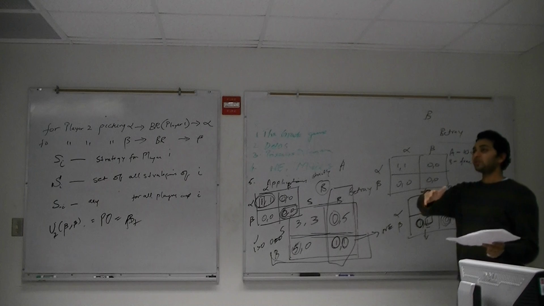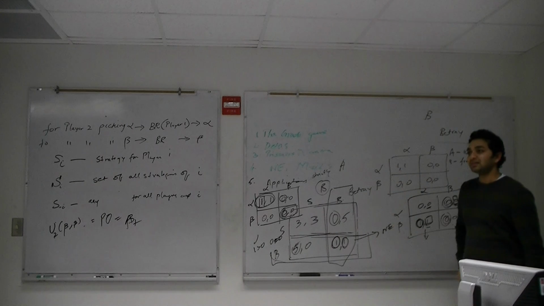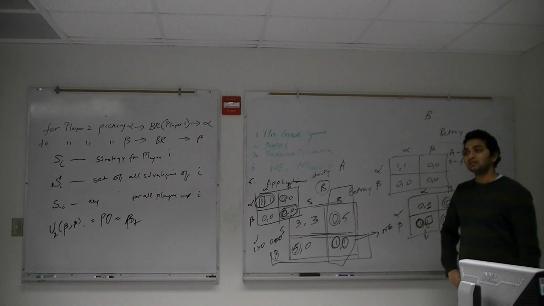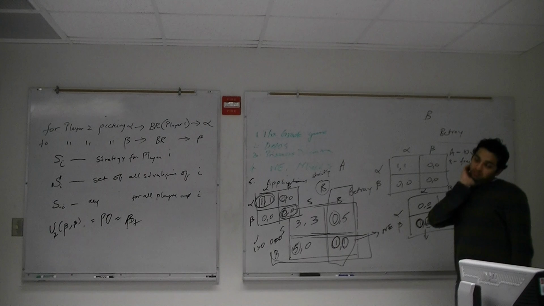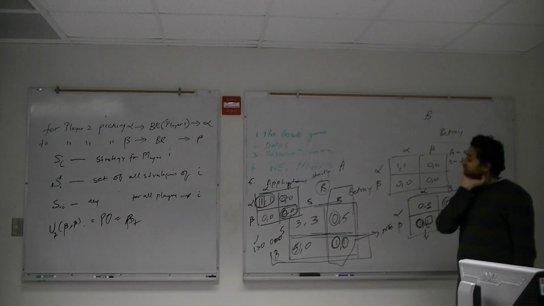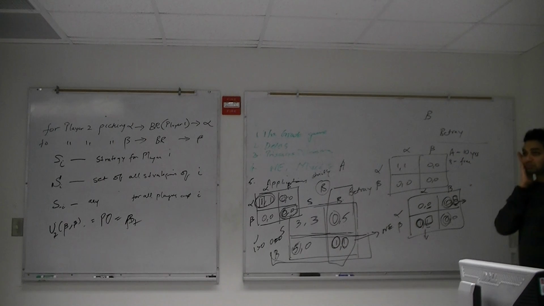It's the best response when you believe. Well, it's not necessarily the best, right? You are not getting better when you move away from your strategy. That's a local maximum. Or to call it maximum is just flat.